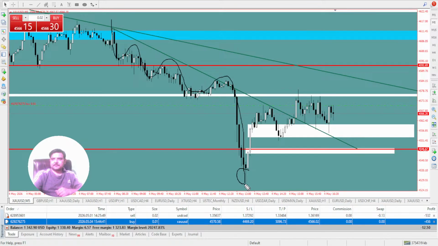See, this sharp fall and this quick recovery. What does this indicate? This is a good sign that daily time frame bulls start jumping into the market, slowly and gradually. But suddenly, if everyone jumps in right now, how will they make money then? How will the liquidity be taken then?